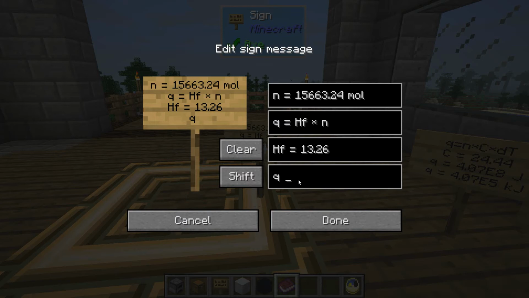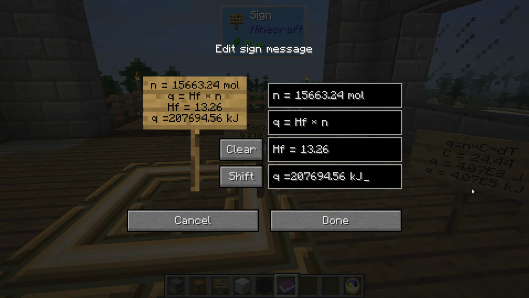We're just going to multiply that by the 13.26, and we're going to get this big number, 207,694.56 kilojoules.